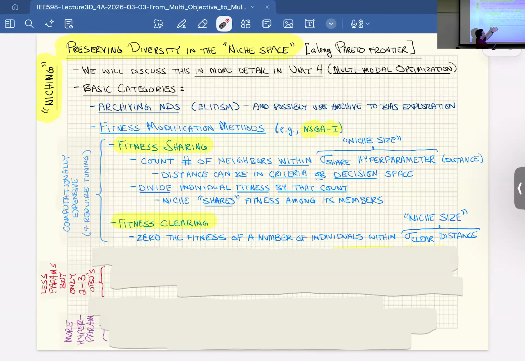So if you both happen to be Pareto rank 1, and your genotype is a giant vector, and someone else who's Pareto rank 1 also has a genotype that's a giant vector, then I define a genotype distance, which might just be the L2 distance, the distance formula between this vector and that vector. If you're within this sigma share or sigma clear, then you get hit by that effect. If you're far enough away, then you're not involved.